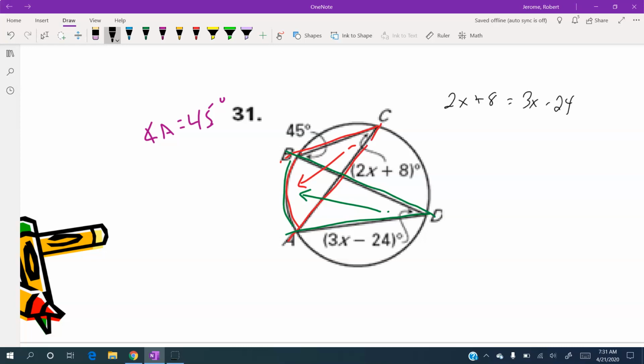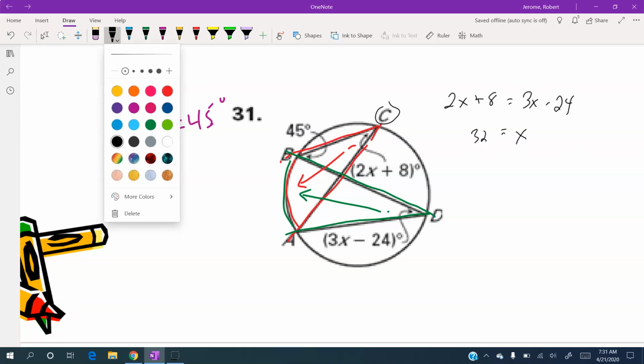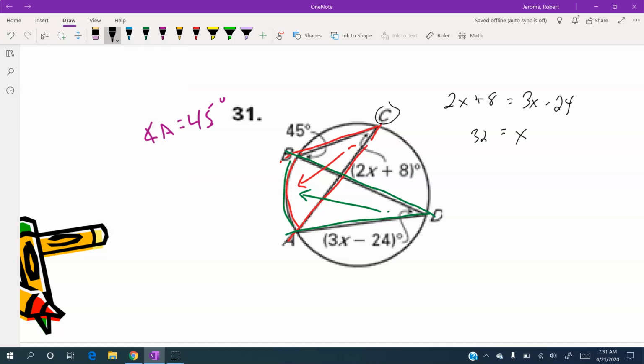We can, of course, do a little work here. So we're going to find x. And now, since we were asked for angle C, we're going to plug that in. And we have 2 times 32 plus 8. So 64 plus 8, 72 degrees.